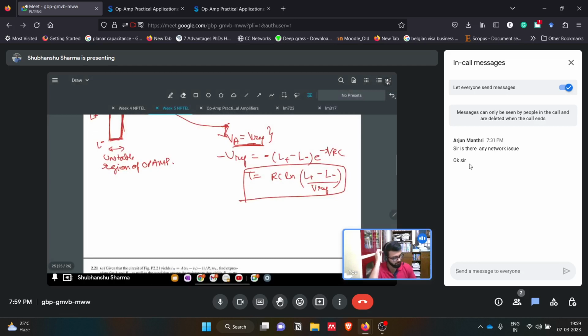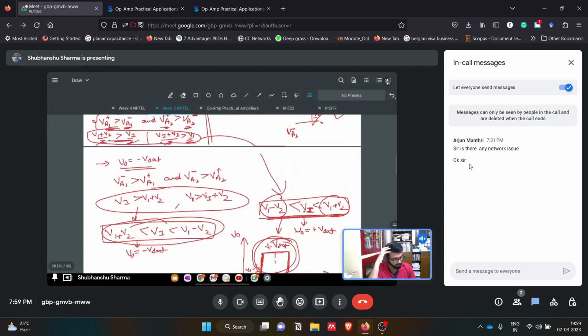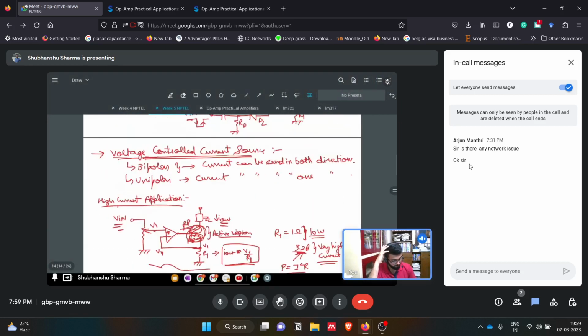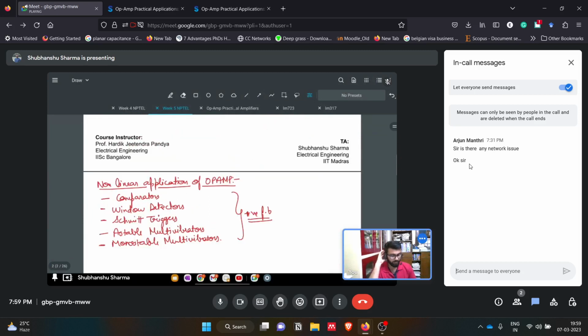So we solved some extra questions in this session, and we saw the non-linear applications of op-amp. In the previous week we saw comparators, window detectors, and Schmitt triggers.